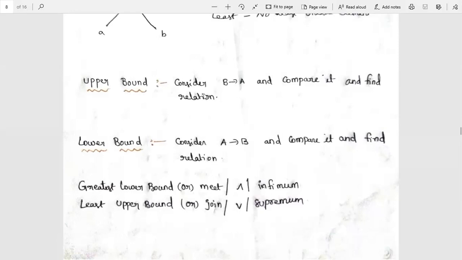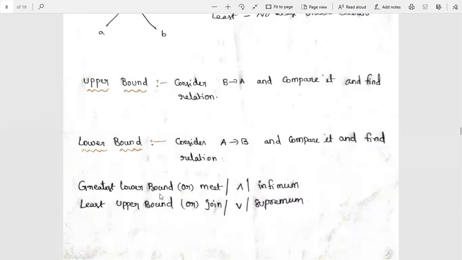So we compare all the elements of B to all the elements of A and check the relation, that is, whether all the elements of B are related to all the elements of A or not. In that way we find the upper bound.